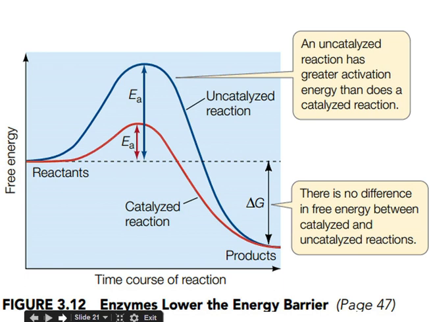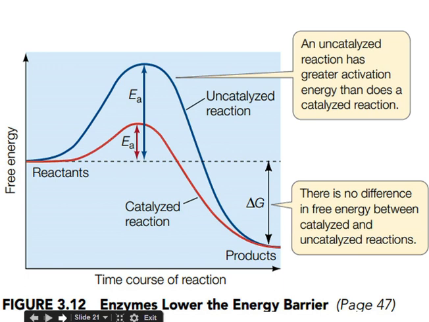And then once that heap rolls back down, going from the transition state down to the dashed line again, it's a lot more energy going in, and obviously a lot more energy coming out. But like I said, we're not paying attention to the gross, we're paying attention to the net. Delta G is going to be net negative either way, whether we have the blue uncatalyzed reaction or the red catalyzed reaction, meaning that an enzyme was present in this process.